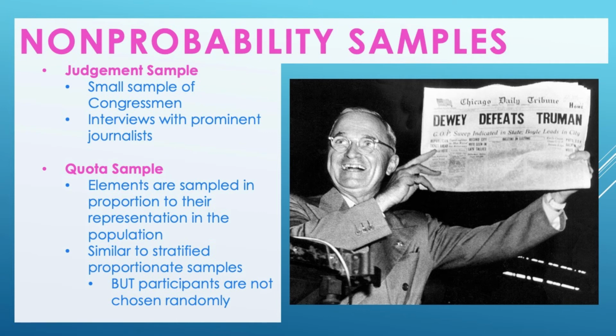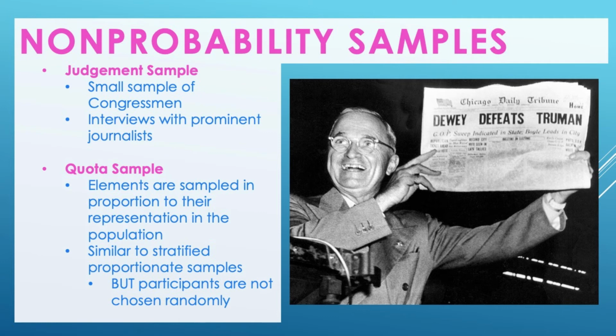Maybe it's the most senior congressman that someone is interviewing to ask them about their tenure in office and what it's like to be an incumbent for such a long time. Obviously, not every congressman has an equal chance or probability of being included in that sample because the researcher has very distinct, narrow objectives or justifications for why certain congressmen are included in the sample and why others might not be.